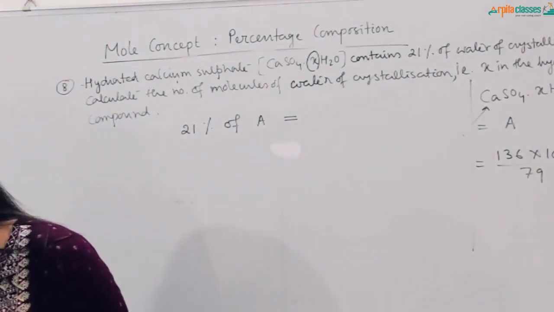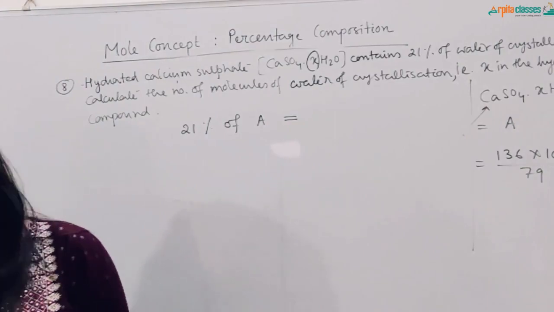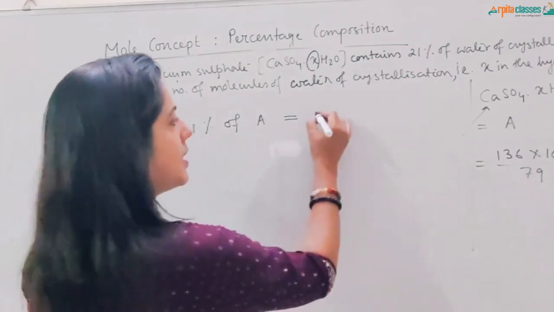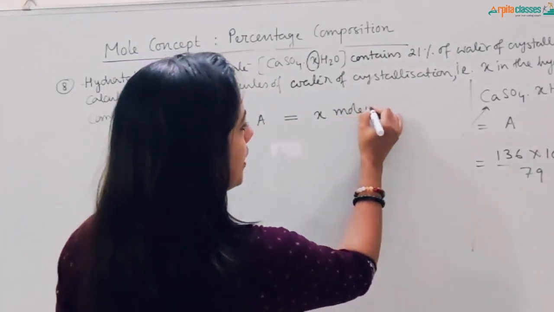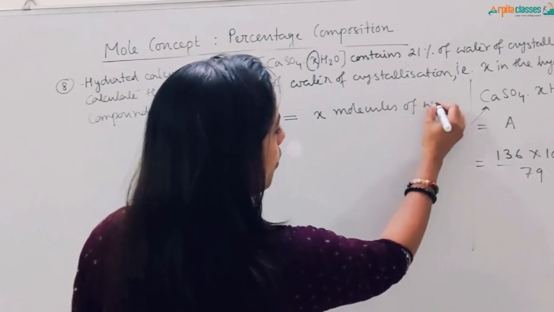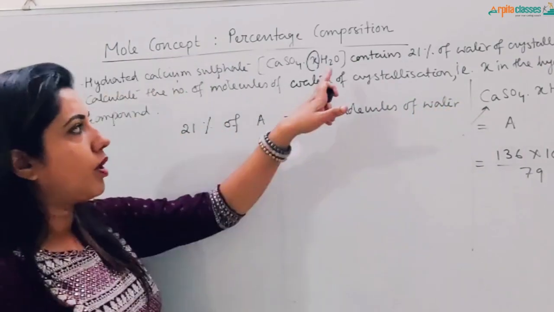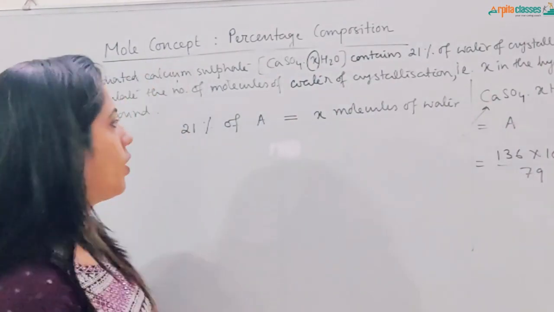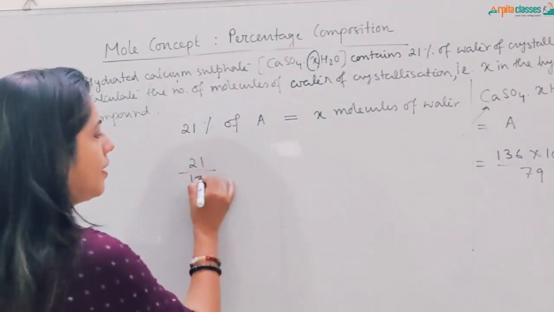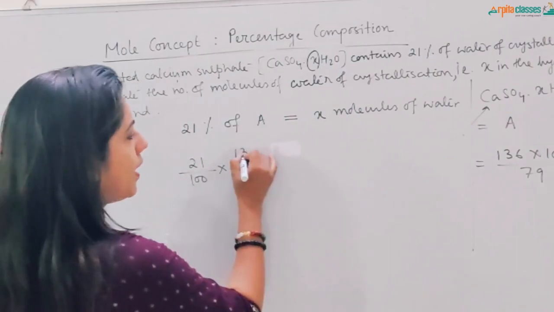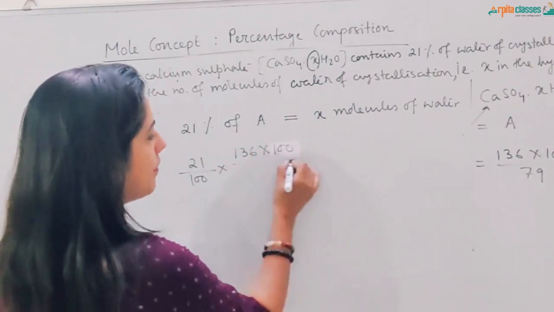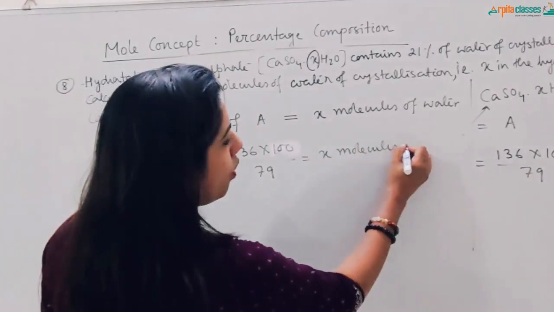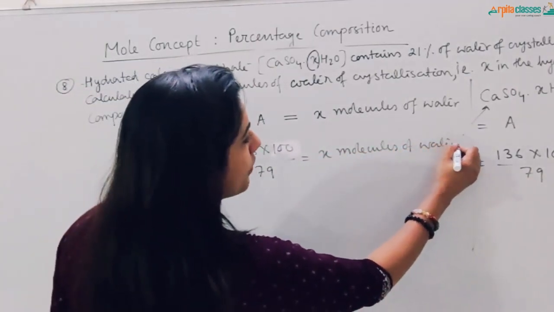Just a minute, I'll just see the calculation. So 21% of A is the water of crystallization, that is X molecules of water. X molecules of water weighs how much? 21% of the entire molecule is X molecules of water. So 21 upon 100 into A. A is 136 into 100 upon 79, and that is equal to X molecules of water of crystallization.